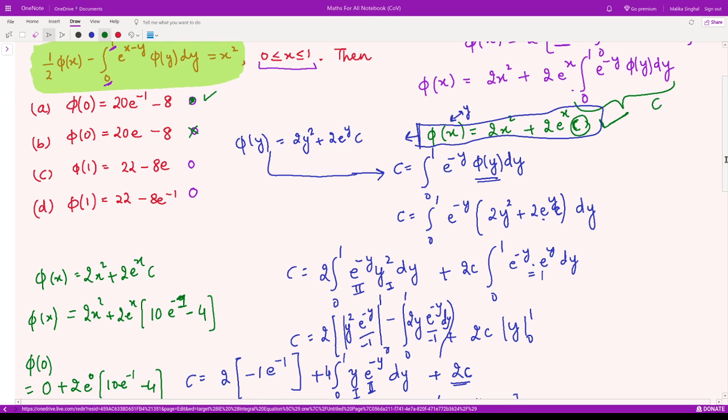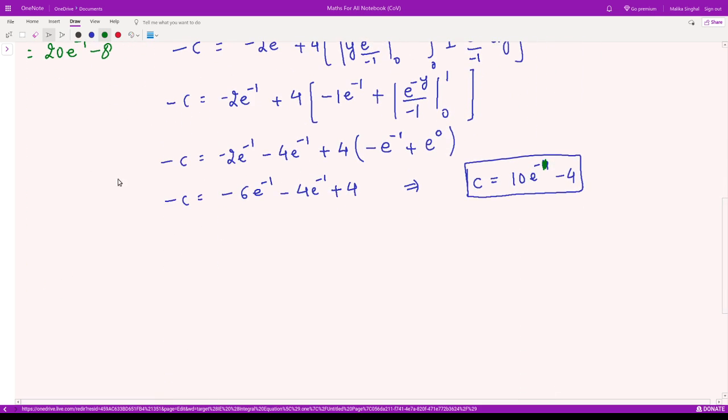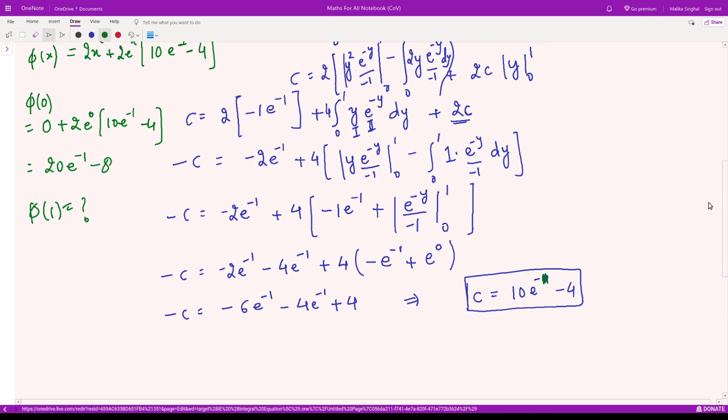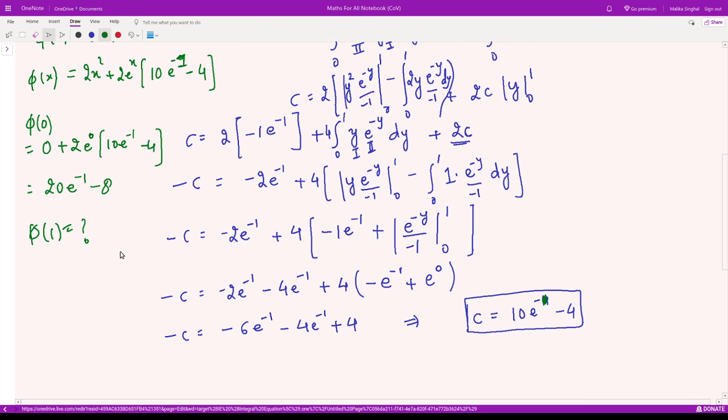So now let us see what is the value of phi of 1. Our phi is 2x square. So phi of 1 is equal to 2 into 1 square plus 2 into e to the power 1 multiplied by 10 e to the power minus 1 minus 4.